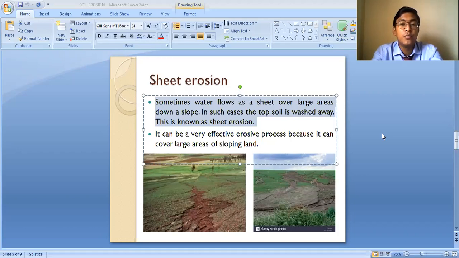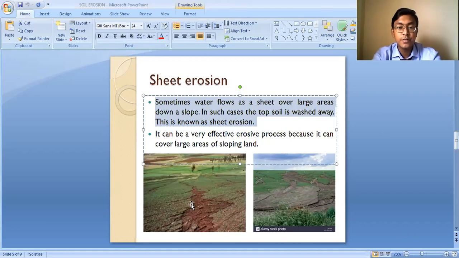It is the most effective way of soil erosion, and very harmful for farmers. When the topmost layer of the soil is lost in vast agricultural lands, the fertility of the soil is reduced, and the farmers face difficulty in carrying out agricultural practice.